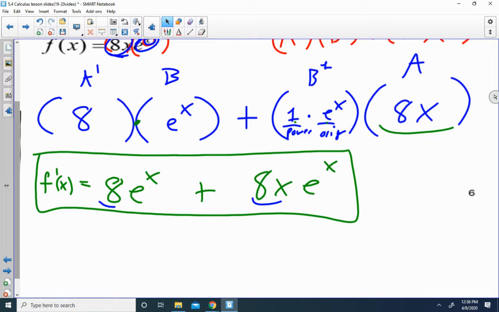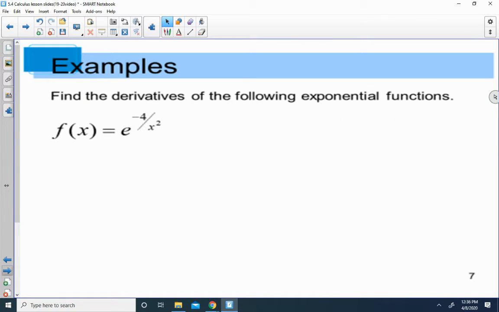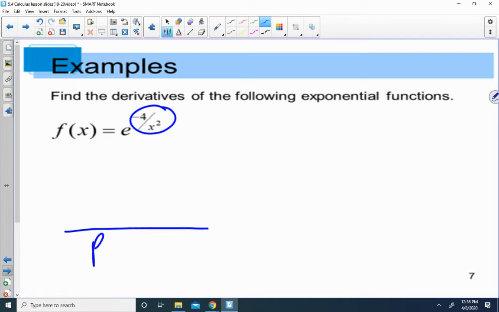All right. So moving on to the next example. Now we got to find the derivative of the following exponential function. So in other words, we're just deriving the e. So the first thing you want to do is take the derivative of the power. Ooh, we got a fraction here.